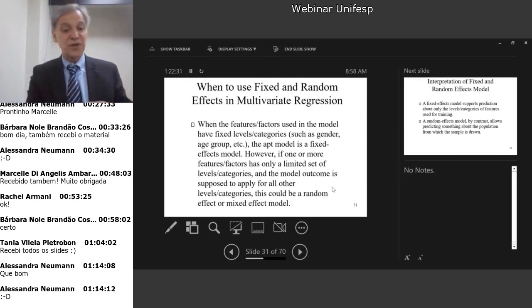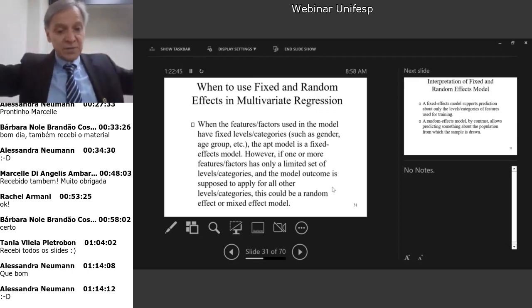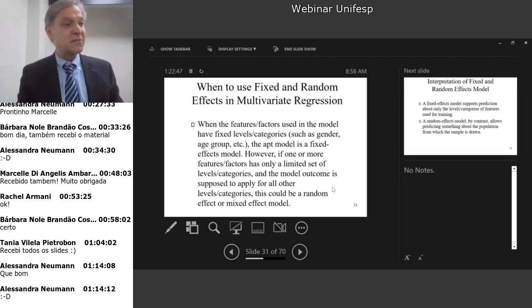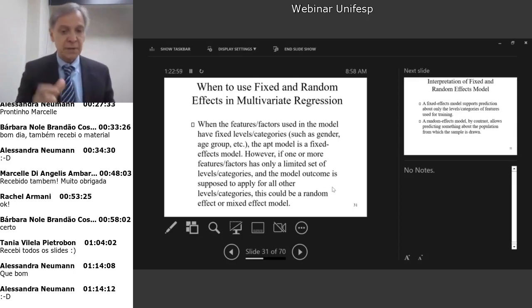However, if one or more factors has only a limited set of categories and the model outcome is supposed to apply to all other levels of categories, meaning those levels are expressing many more levels, this could be a random effect or mixed effect model. I'll repeat again. When the factor used in the model has fixed levels of categories, like gender, male, female, or age group, young, middle age, old, the appropriate model, okay, is a fixed effect model.